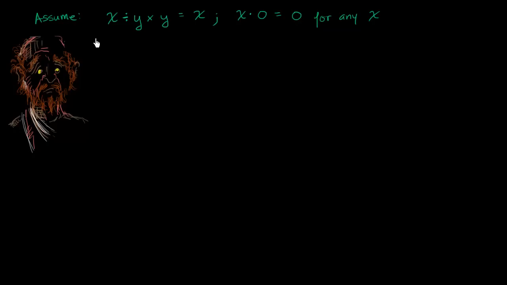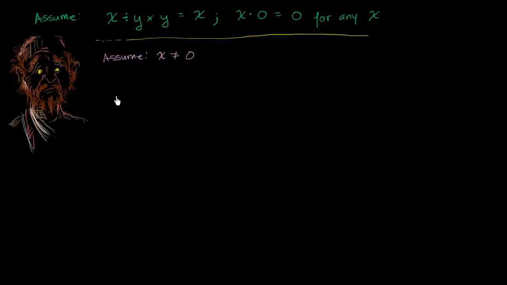Now, with that out of the way, you want to start exploring the divide by 0 question. So the first thing that you say is, well, let me just try to define it. So let's make a further assumption that x is some non-zero number.